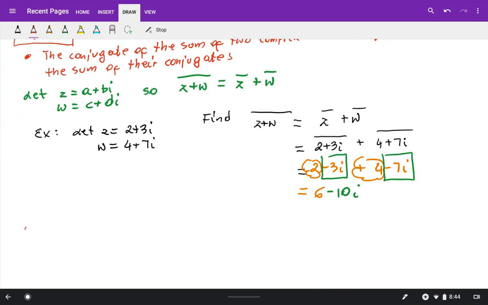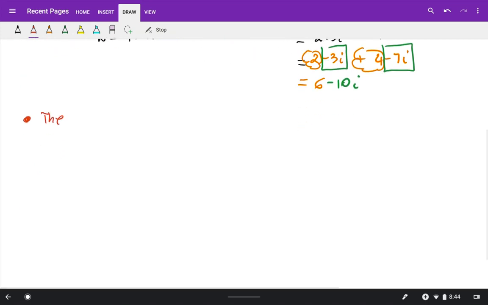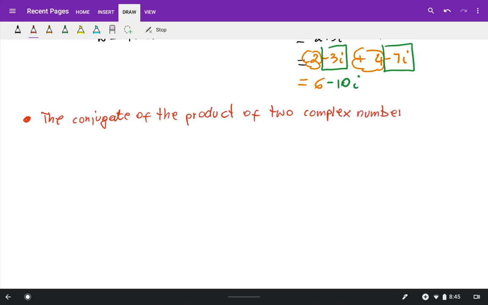Another theorem, which is useful to know, is the conjugate of the product of two complex numbers equals the product of their conjugates.